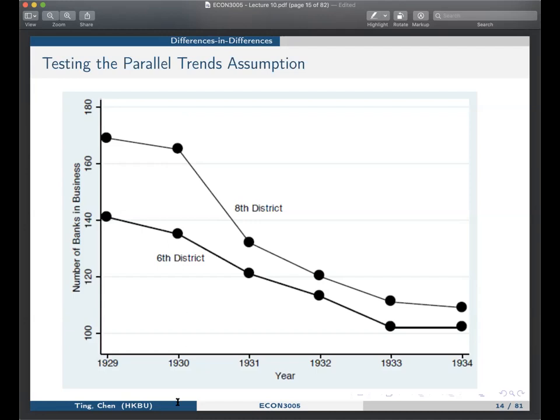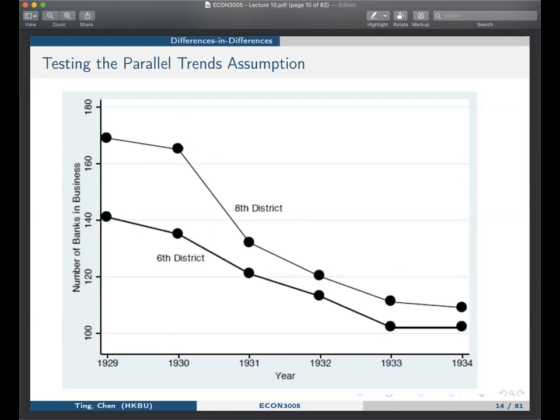So in the pre-1930 period, there will be this line and this line. Well, more or less parallel, right? And then post-1931, there will be this line and this line. Again, more or less parallel. Only in the treatment period can we see a very significant difference between the slopes of the lines.